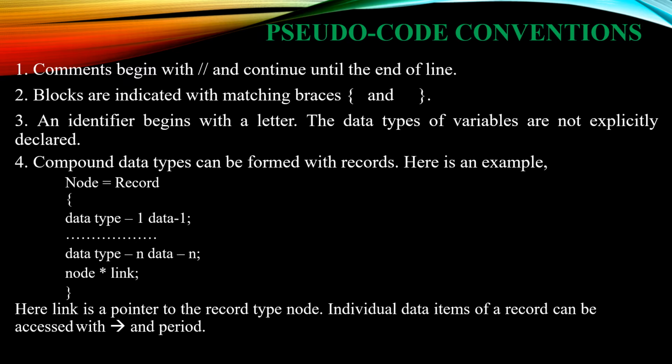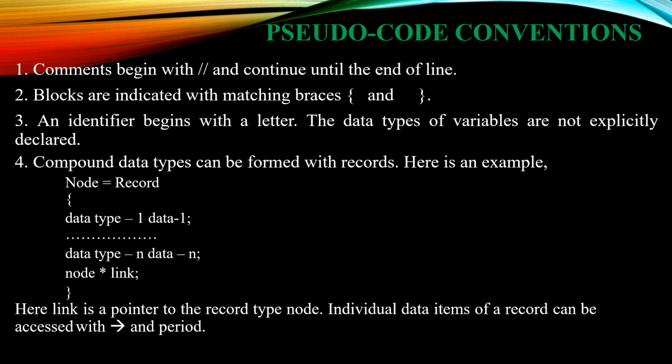Identifiers are the names given to programming elements. These values can be changed during execution of the program. An identifier begins with a letter. The data types of variables are not explicitly declared in this convention.